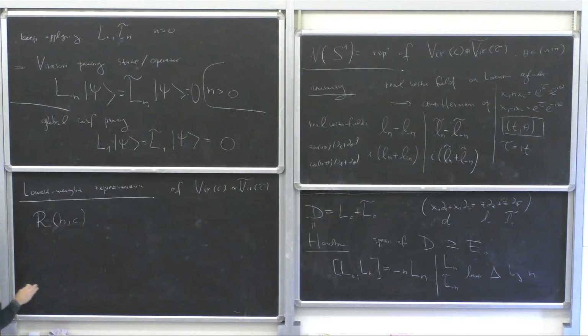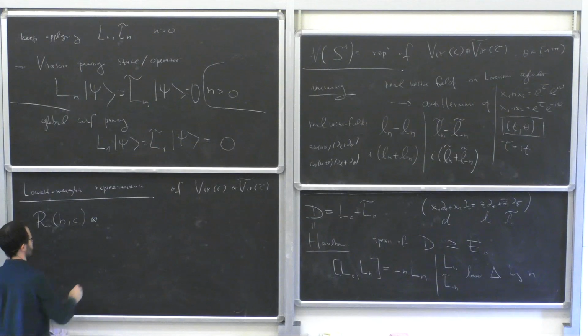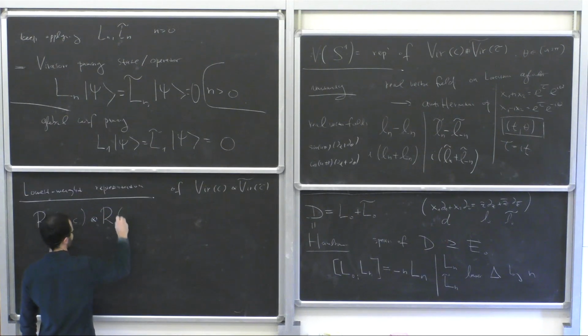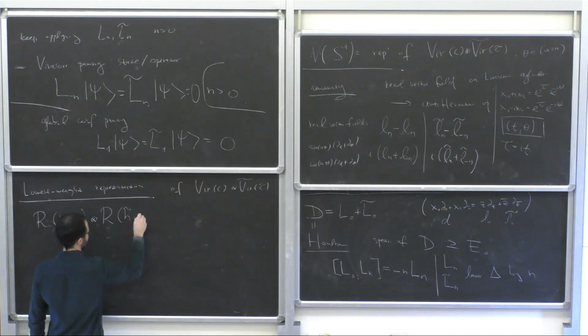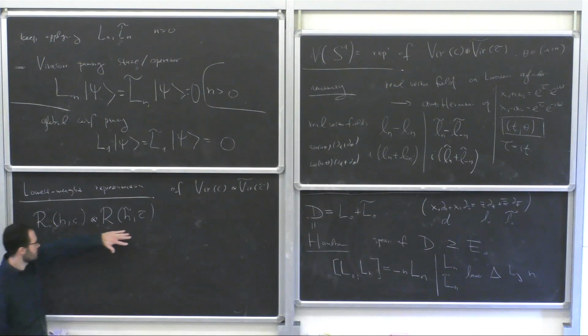So now it's a genuine tensor product, where this is a lowest weight representation of the left Virasoro, and this is a lowest weight representation of the right Virasoro.